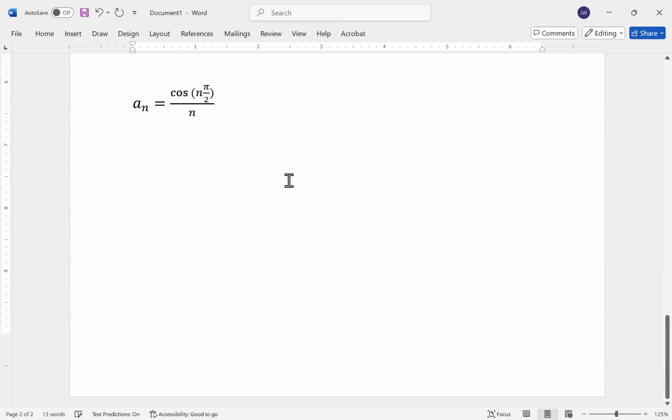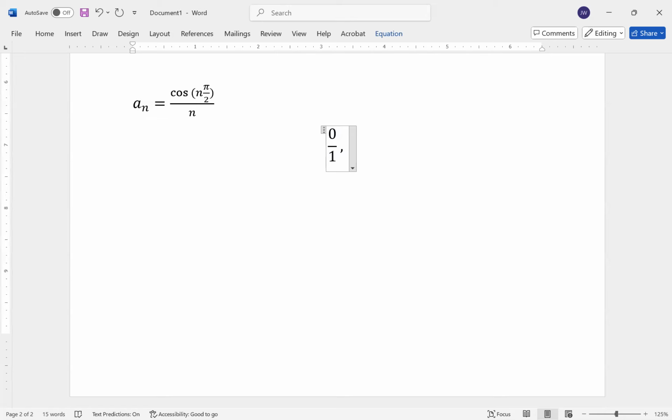Now, lastly, for this example, we have cosine of n times pi over 2. This one's a little bit tricky, so let's start listing out some elements. If I plug in an n of 1, I get cosine of pi over 2, which is 0 over 1.